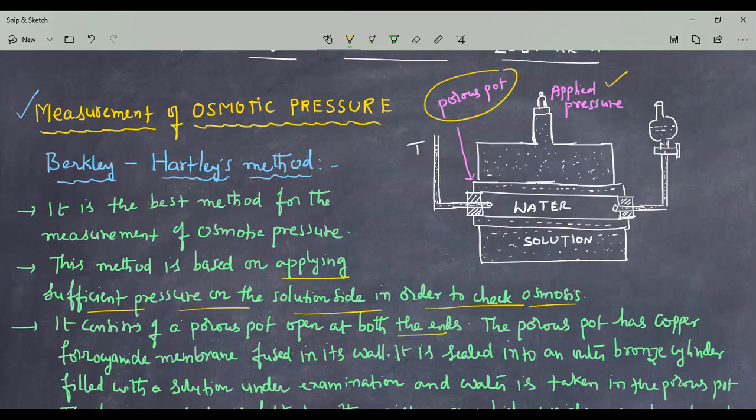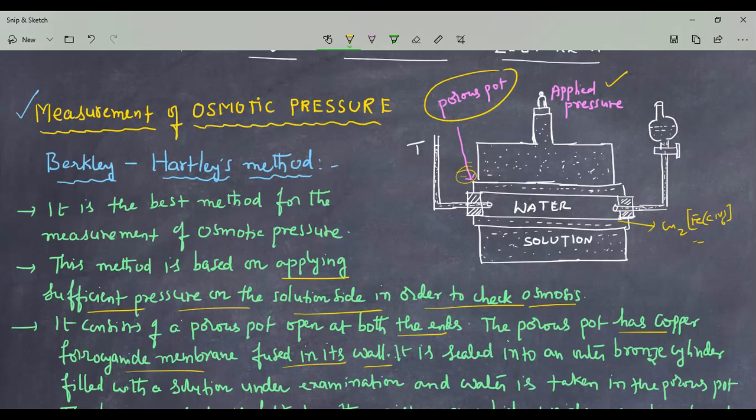This pot has a copper ferrocyanide membrane fused in its walls. That means this is the porous pot we are showing here, and both the ends of this one are fixed with copper ferrocyanide. We know that is also an artificial semi-permeable membrane, that is Cu2[Fe(CN)6].